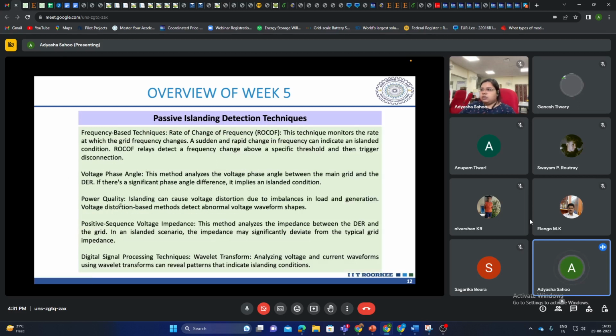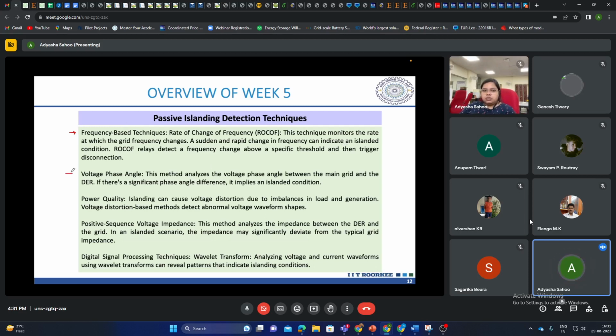So some of the passive islanding detection techniques we had: firstly, frequency, that is the rate of change of frequency. It will continuously monitor the rate at which the grid frequency is changing, and whenever it encounters a sudden or rapid change in frequency, it will detect the islanding condition.